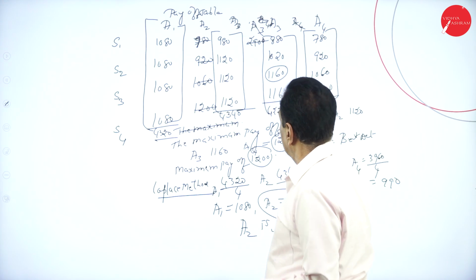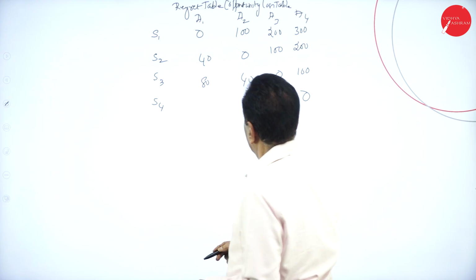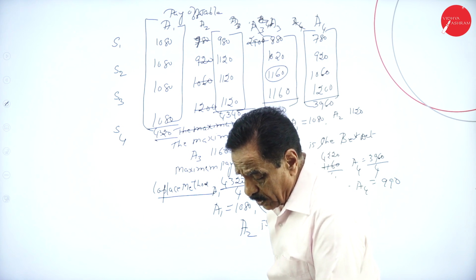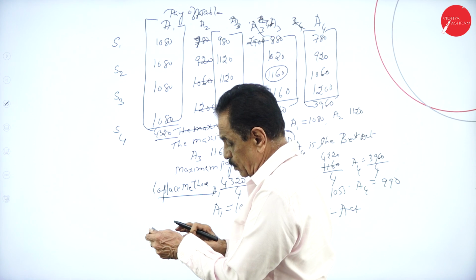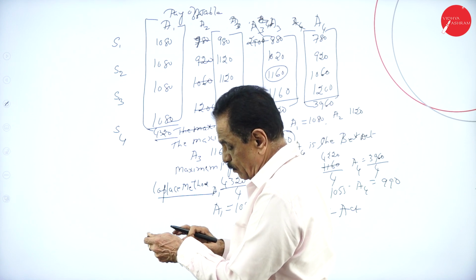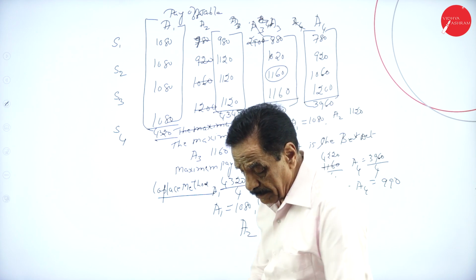Last one. Highest is 1200 is first one. 1200 minus 1080, 120.